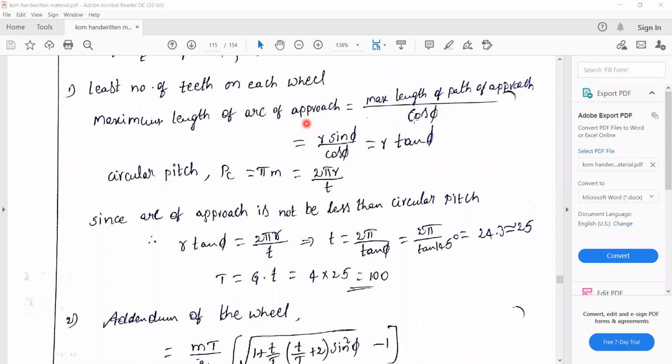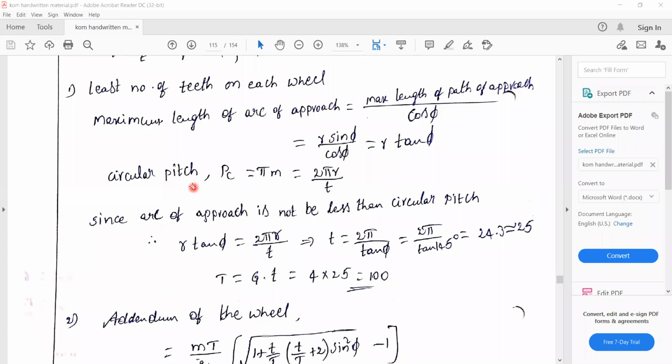The maximum length of path of approach is r sin phi. In our interference problem, the maximum length of arc of approach is r sin phi by cos phi, so that is r tan phi.